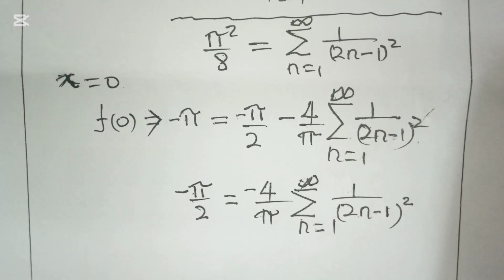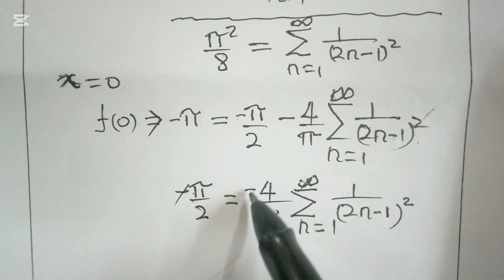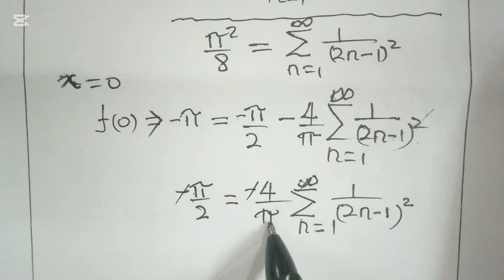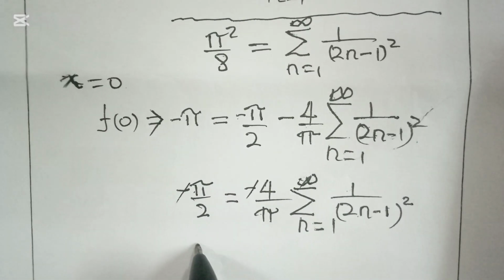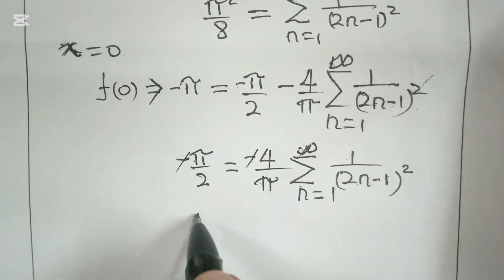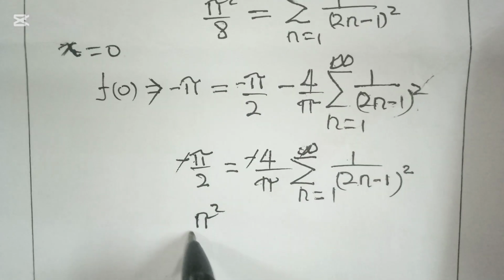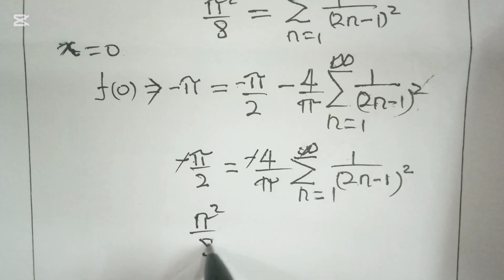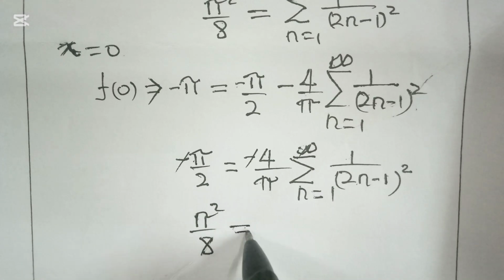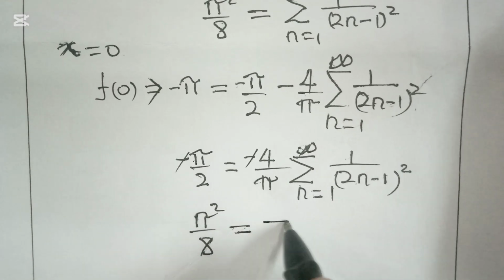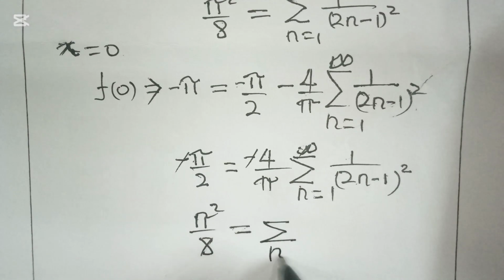So this negative can cancel. I can bring this pi here, so you have pi squared. I can also bring this 4 here, you get 8. So we have been able to prove what we were asked to prove.